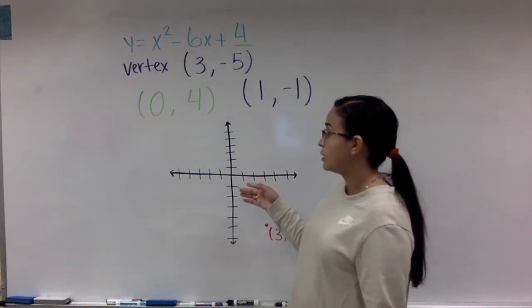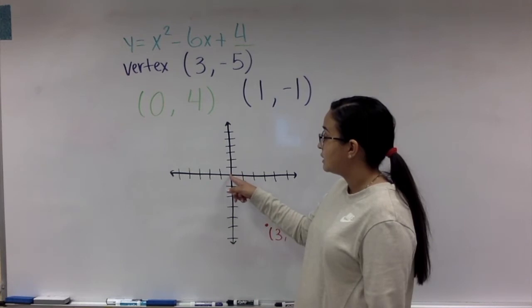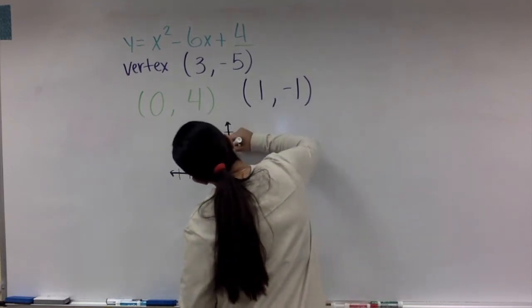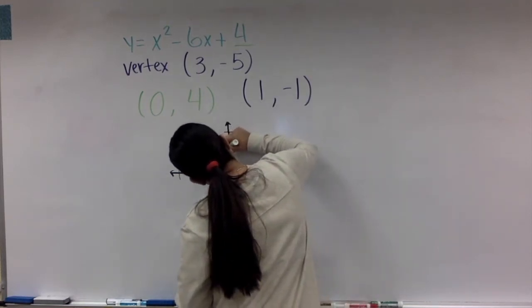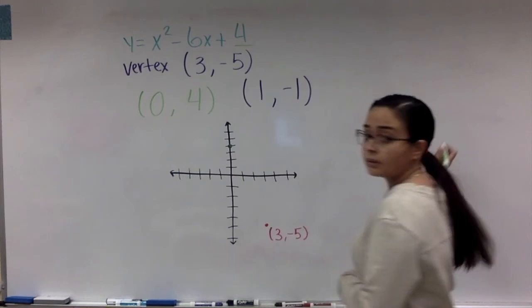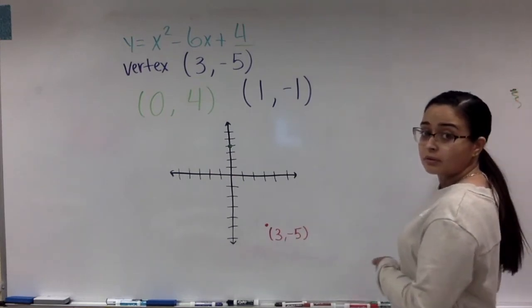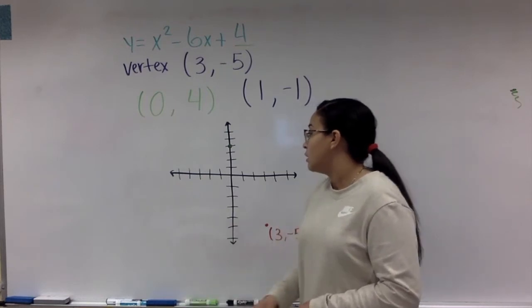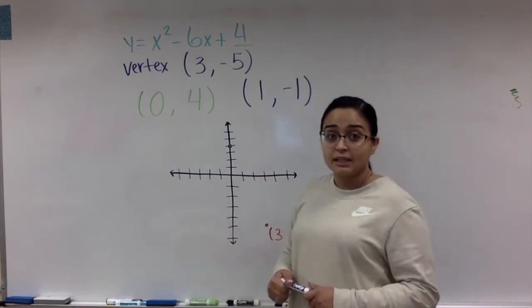Let's graph our first point. 0 for our x-axis and 4 for our y. So 1, 2, 3, 4. And right on the line, to stay on the y-axis, okay?